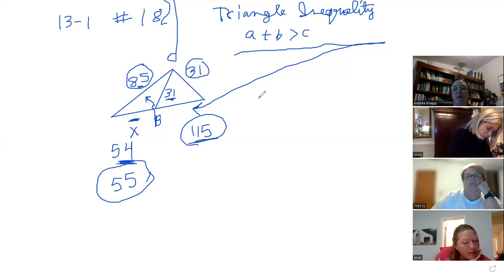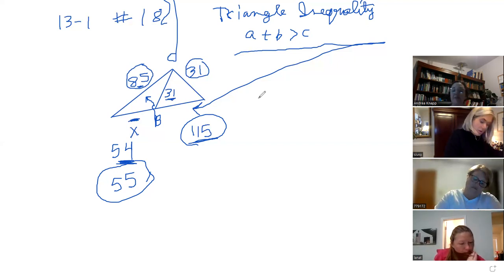So that helps us answer number 17 then, in 13.1. Number 17 says, can the following be the lengths of the sides of a triangle? So you just have to check the pairs.